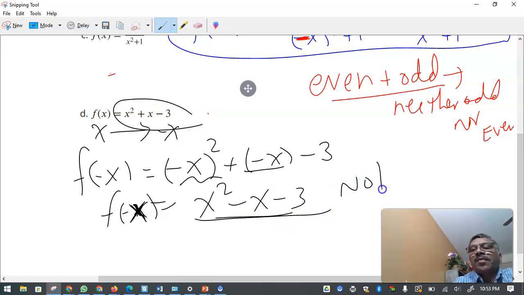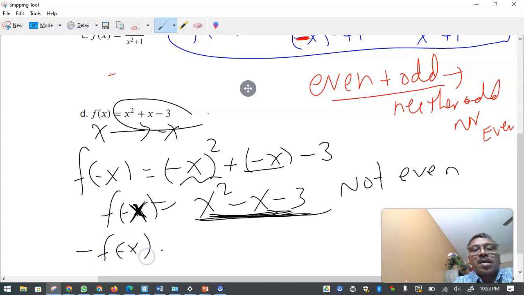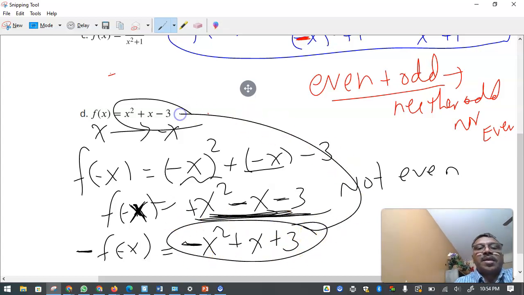So this is not even. And if we try to take the opposite, minus of f of minus x, I multiply minus 1 on both sides. So this plus will change to minus x squared, this minus x will be plus x, and this minus will be plus 3, and you can see it is not the same thing.